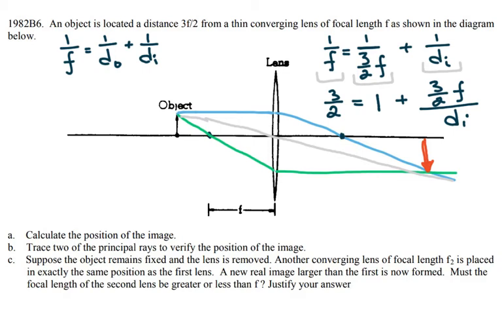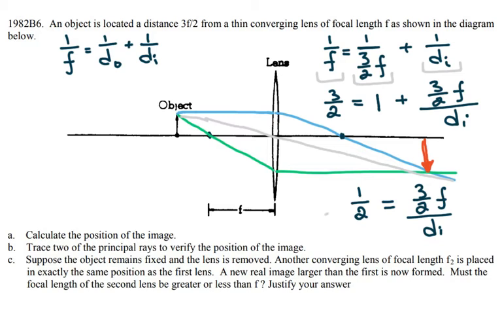That will give me 1/2. And on the other side, I still have 3/2 of the focal length over di. I'm going to multiply both sides of the equation by di.